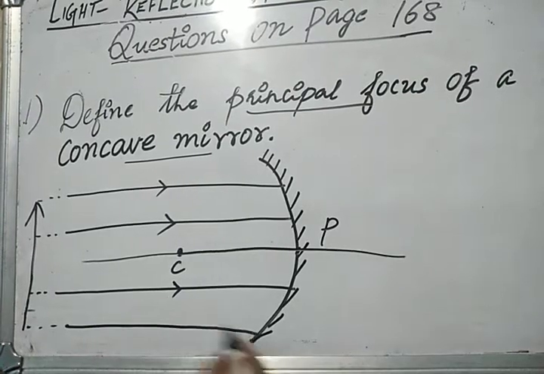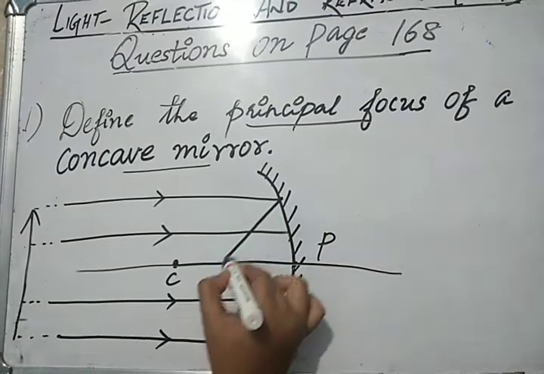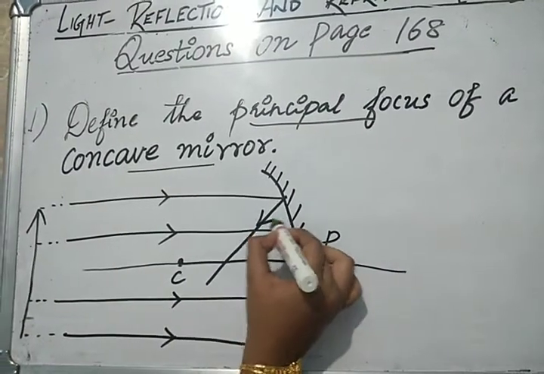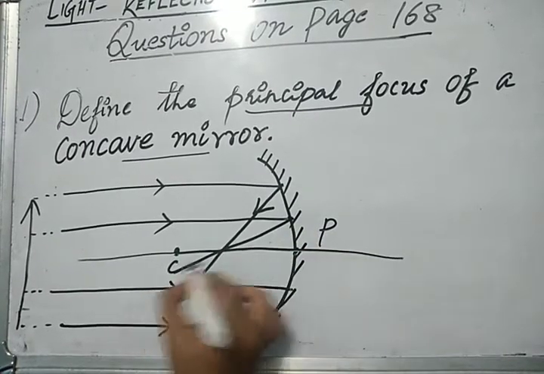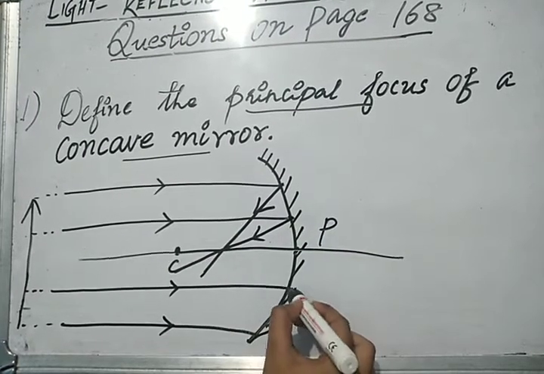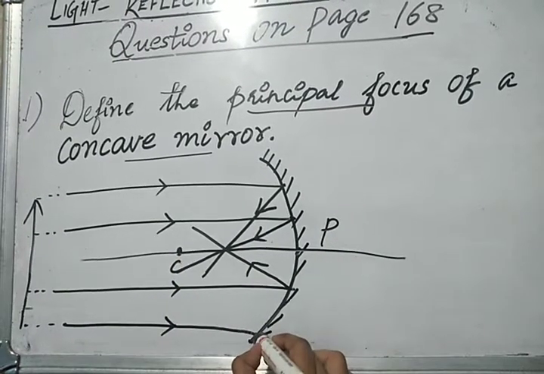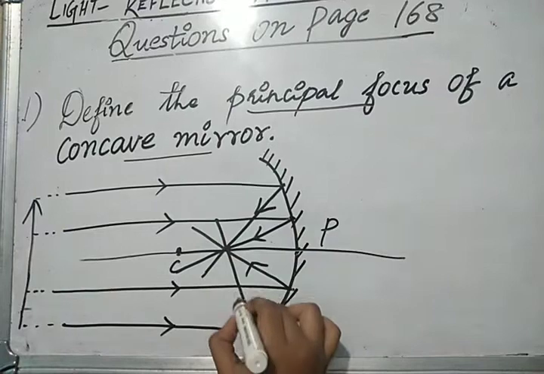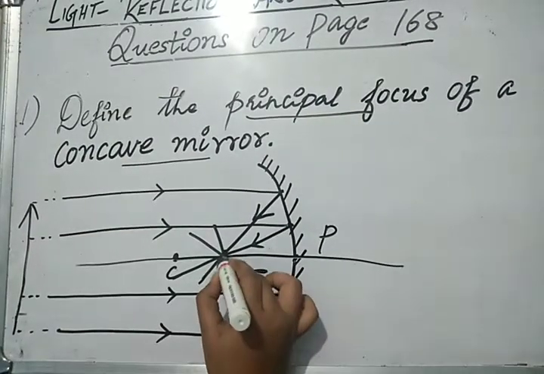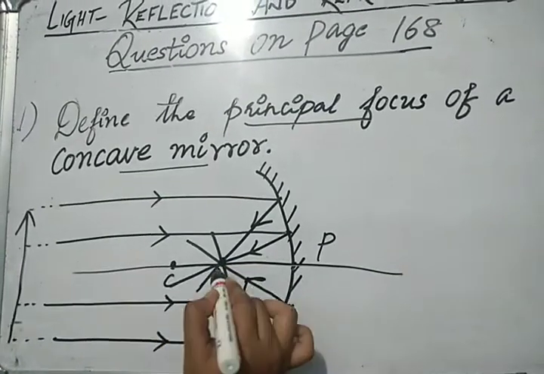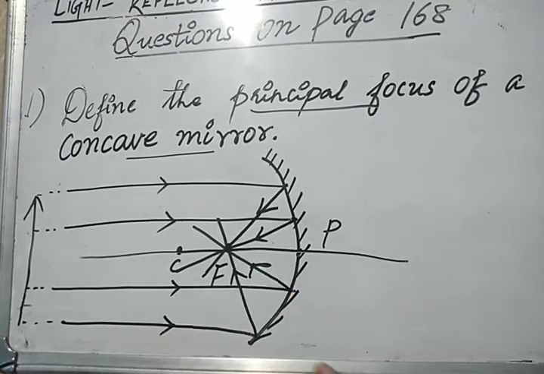And after reflection, this ray goes something like this. This is the reflected ray. Another reflected ray from here goes like this. This gets reflected back like this, and this incident ray gets reflected back like this. They all meet at a point. This point is the principal focus, capital F.